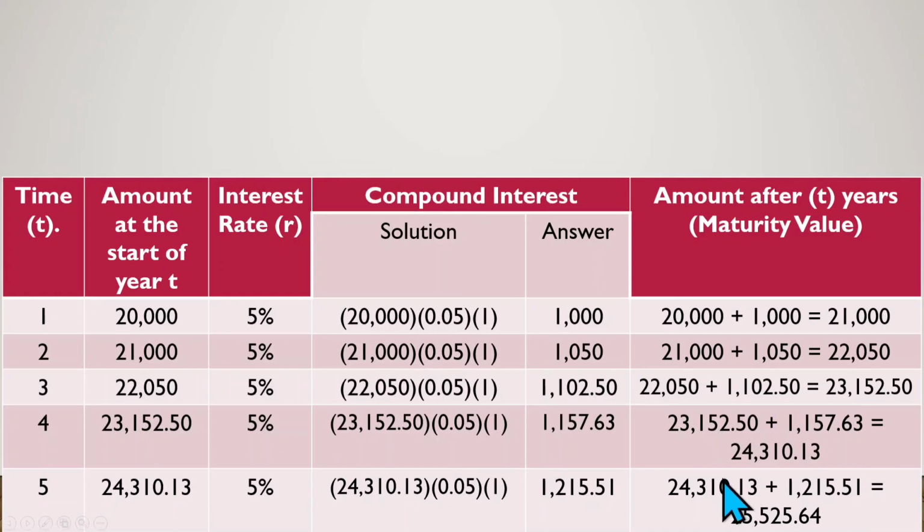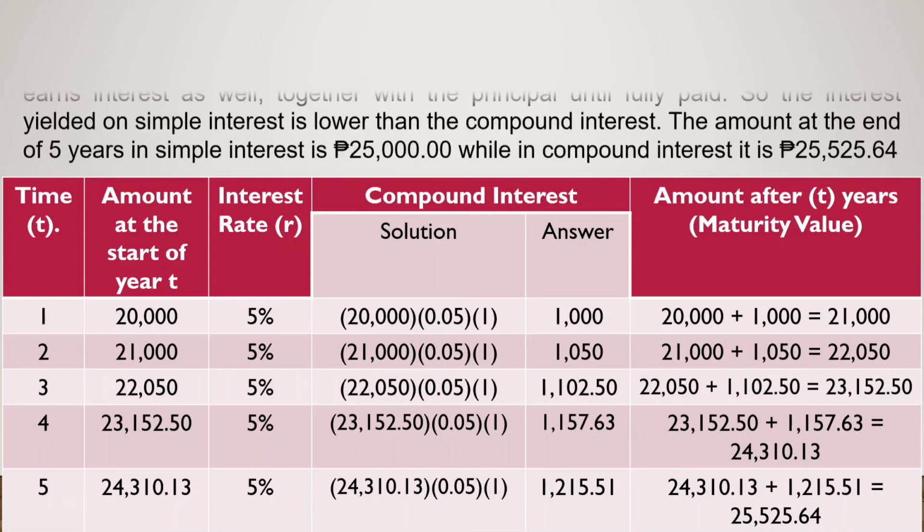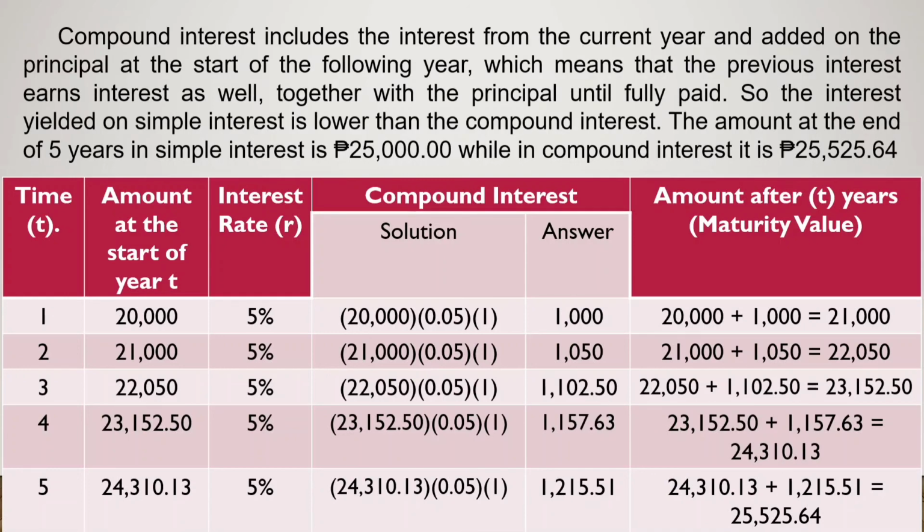And then you're going to add it to the principal. We will have 25,525 pesos and 64 cents. So we have the interest yield compounded annually, 25,525.64.